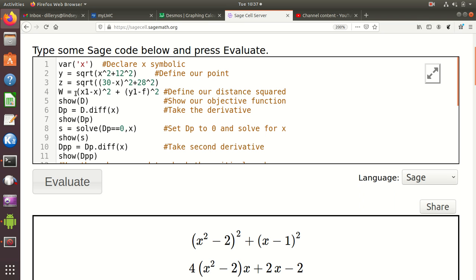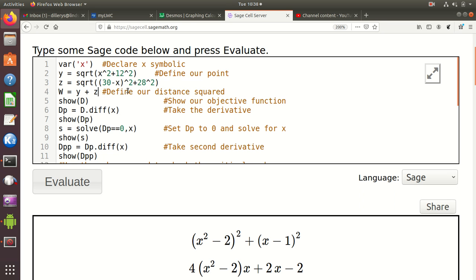But I'll call it w, since that's what I called it in the beginning here. So this is w, and that is just the y plus the z.